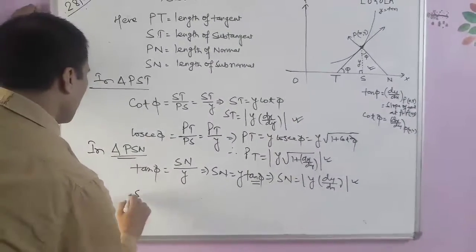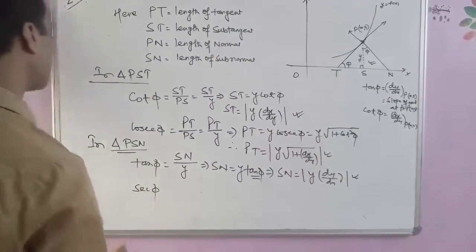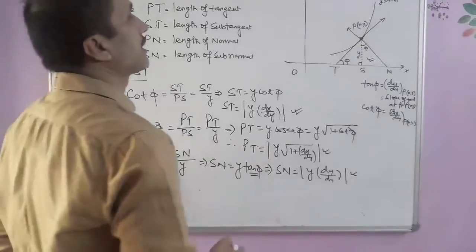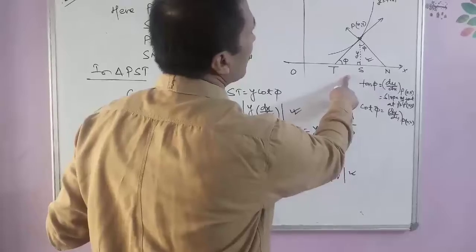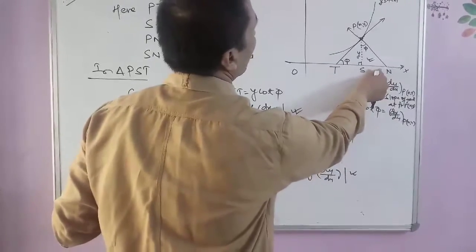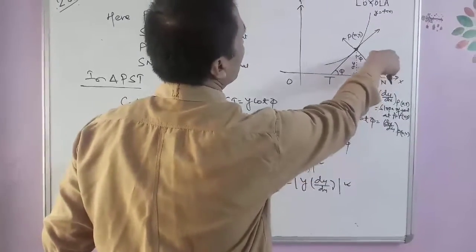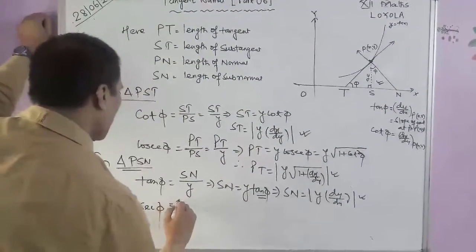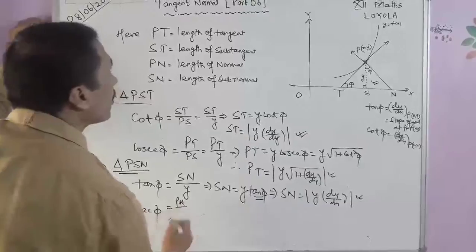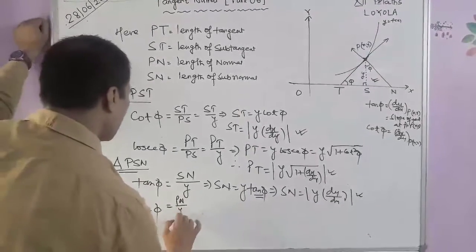Now we take sec phi in the second triangle. Sec phi is h upon b. This length is p, this is b, this is h. So sec phi equal PN upon PS, that is y.